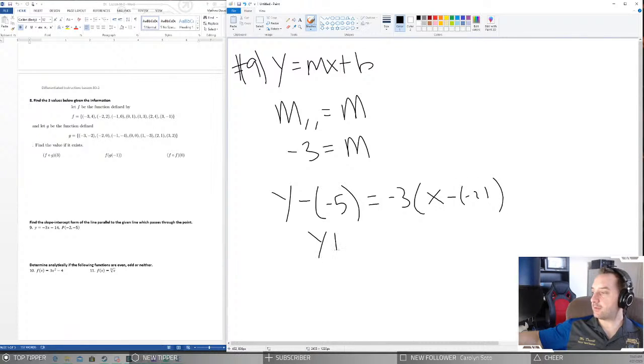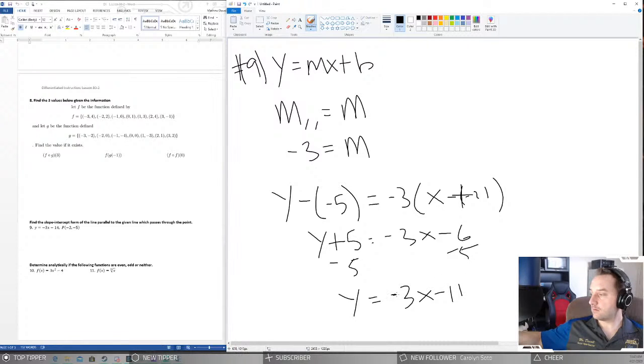So that's y plus 5 equals, so that should be plus 2, -3x minus 6. Then if I subtract the 5, I get y equals -3x minus 11. And so that is going to be my equation of a line.